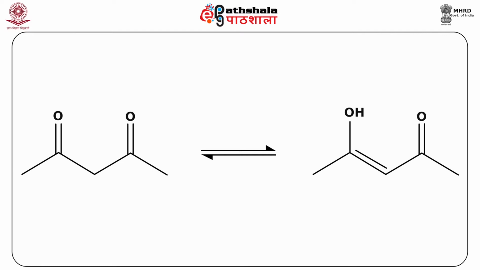The beta diketones and beta ketoesters exist as tautomeric mixtures, and hence their IR spectra will show the absorption due to both keto and enol forms, and also the absorption due to the CO group will be lowered due to the intramolecular hydrogen bonding in such compounds. In addition, a broad OH stretching frequency and a C=C stretching frequency will also be observed.